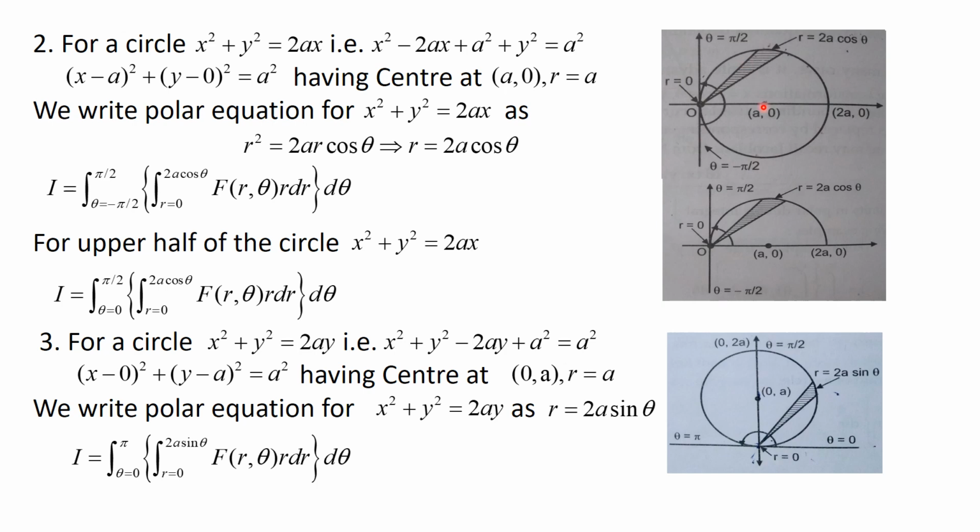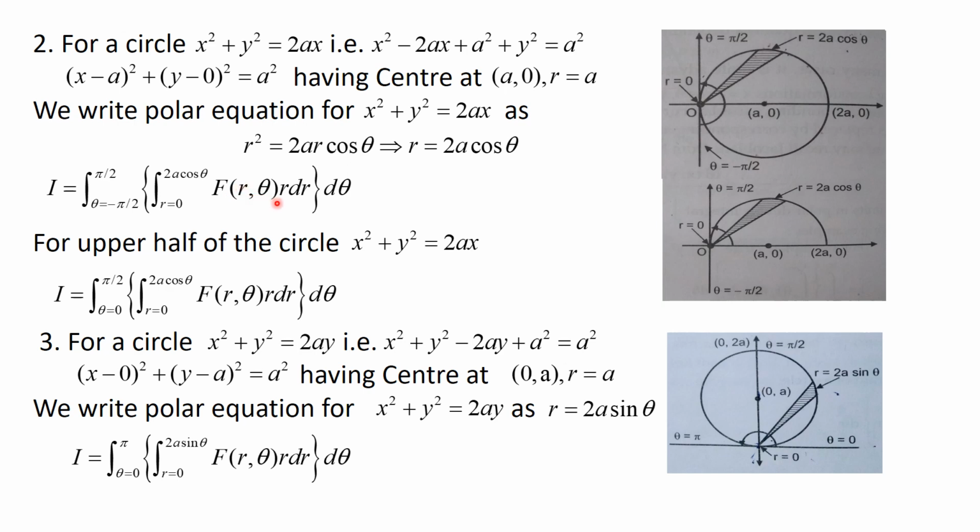This sector we want to consider from minus pi by 2 to pi by 2, since it is from the negative axis to the positive axis, that is from theta equal to minus pi by 2 to theta equal to pi by 2. Hence the conversion gives x as r cos theta, y equal to r sin theta.